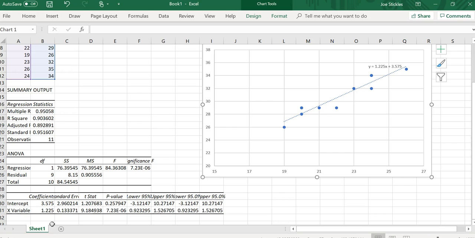So if we simplify this, we'll get beta hat minus beta over the square root of n times sigma hat squared over n minus 2 times the sum of the squares of the deviations. That gives us a t distribution.